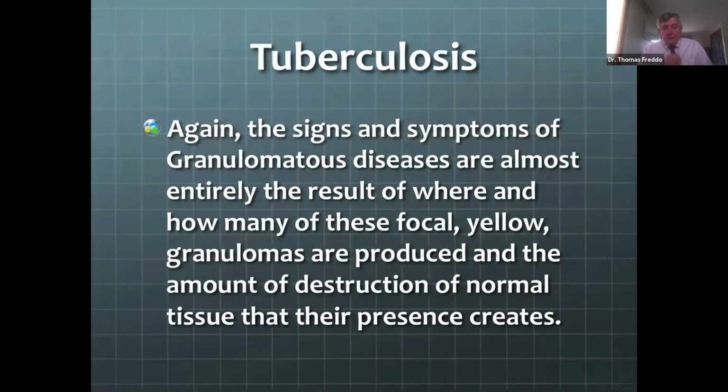Now, for comparison, let's look at the signs and symptoms of granulomatous disease. Again, in TB, the symptoms of granulomatous disease are almost entirely the result of where and how many of these focal granulomas are produced and the amount of destruction of normal tissue that their presence creates.